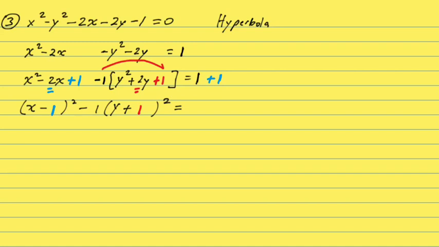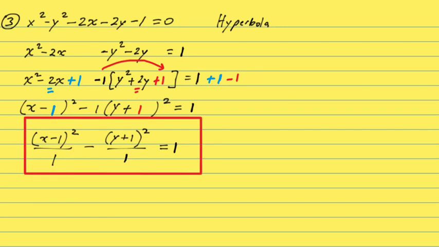In reality, you added a negative 1, so you're going to have to add a negative 1. I think it makes it equal this. At which point, I think I would get x minus 1 squared over 1 minus y plus 1 squared, and that would also be over 1, equaling 1.